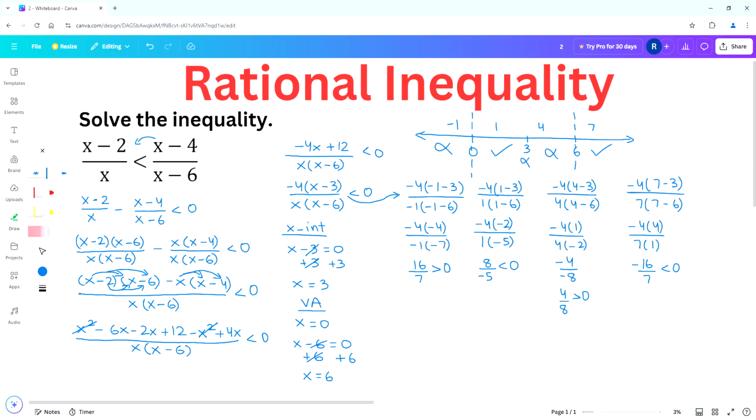We can write the solution in inequality notation as, we can write the solution in interval notation as, this should be the final answer for this problem.